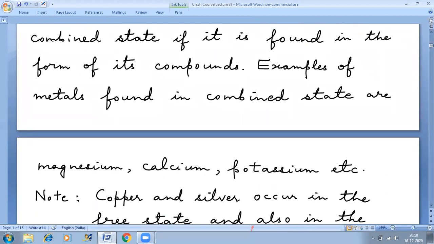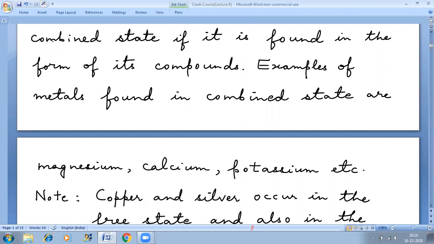Potassium, calcium, magnesium are reactive metals, and therefore they tend to react easily. Since they are reactive, they will not exist alone. They will exist in the combined states. Combined in the sense they will form compounds. So calcium may form compound like calcium carbonate.